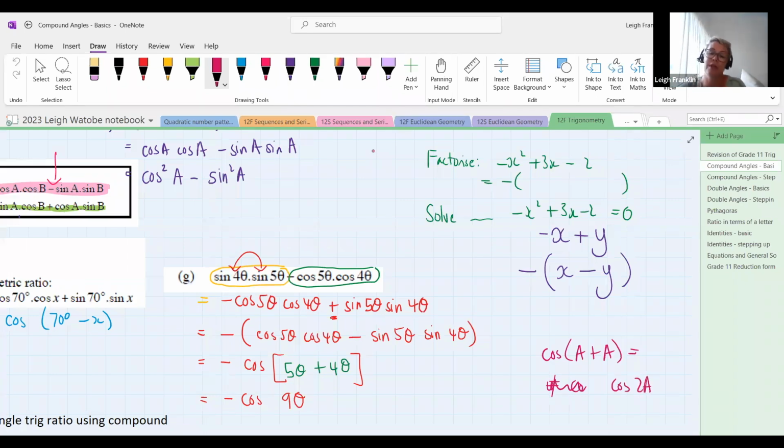That's a double angle. You're quite right, 100%. I'm just not talking about double angles yet. We're doing the compound angles first, but yes, you're absolutely right, Teddy. Cos bracket A plus A closed bracket is cos 2A. Quite right. Okay, no problem.